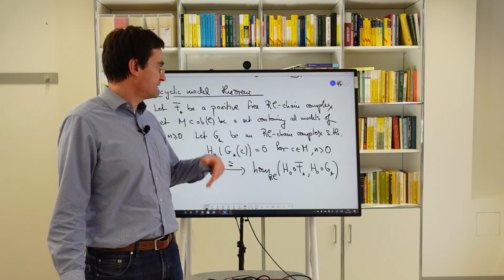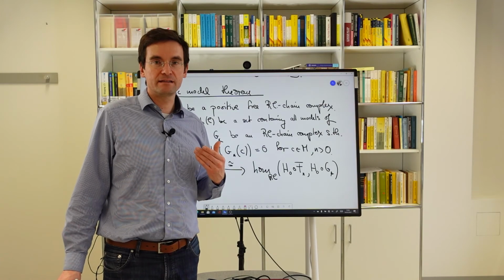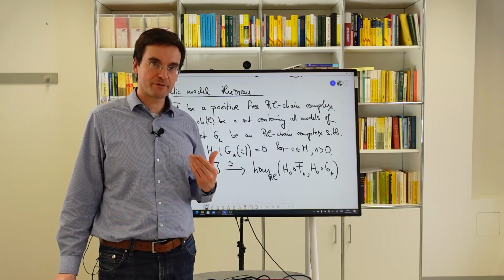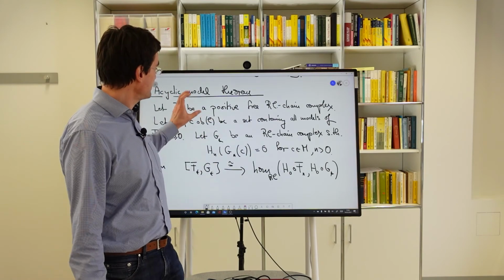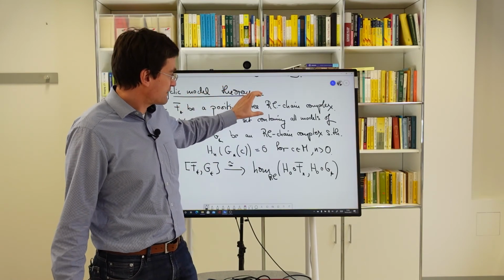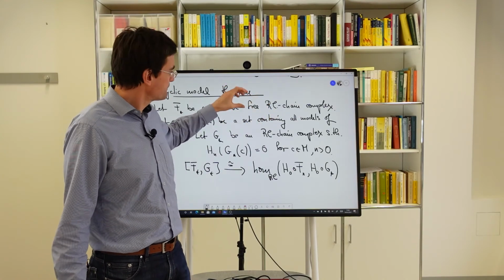And then we are in a similar situation as in the fundamental theorem of homological algebra. What's the situation there? There you start with a projective RC chain complex. Here we assume a bit more, free.